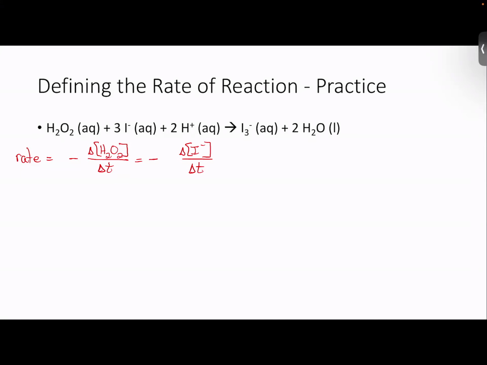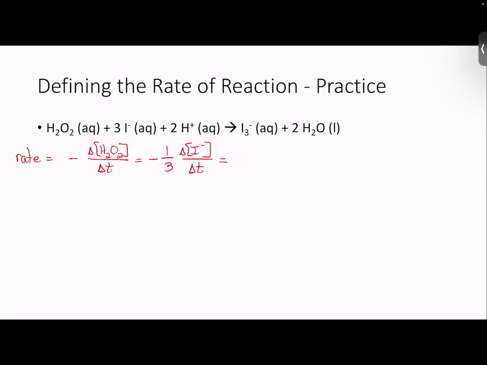Now the fact is, the rate for this disappearance and the rate for this disappearance have to be identical. So we have to take into account that coefficient, and the way the coefficient is taken into account is by developing a fraction.